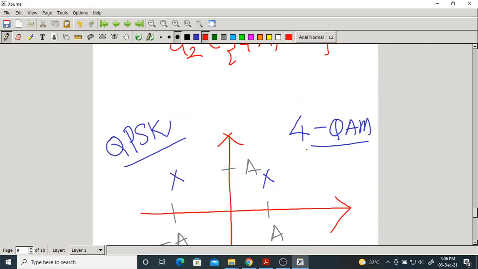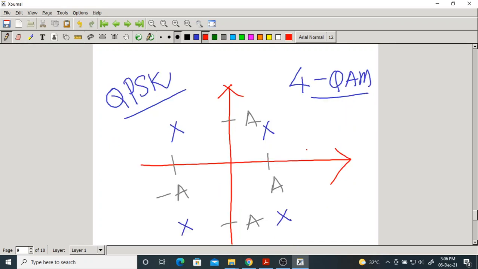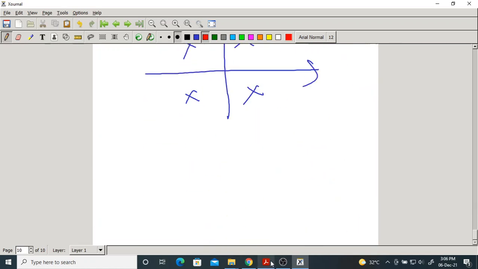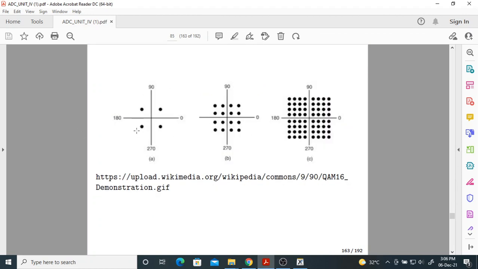Okay, so in a QAM we transmit symbols along two quadrature carriers. The carriers are in quadrature, so we transmit the symbols on those two carriers by changing the amplitude as well as phase. Like this you can find these constellations: QPSK or 4 QAM, 16 QAM, maybe 64 QAM.